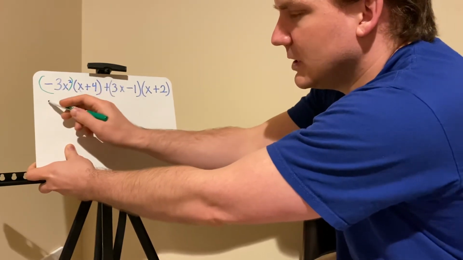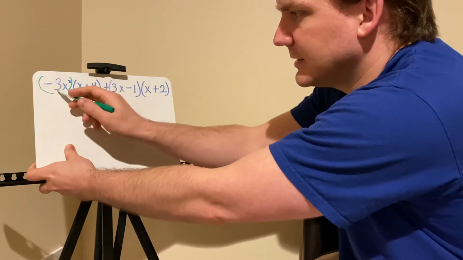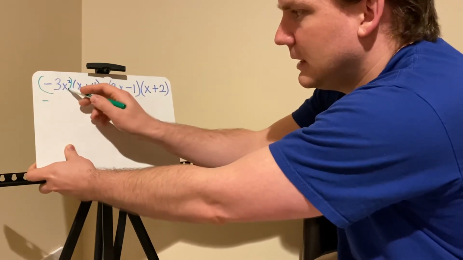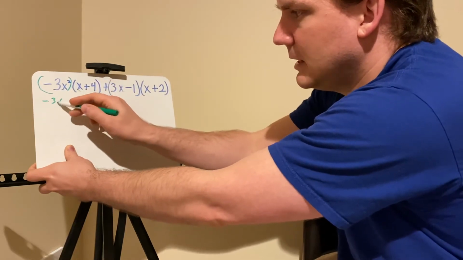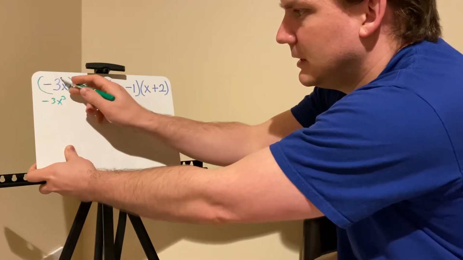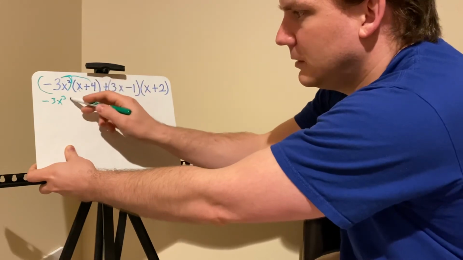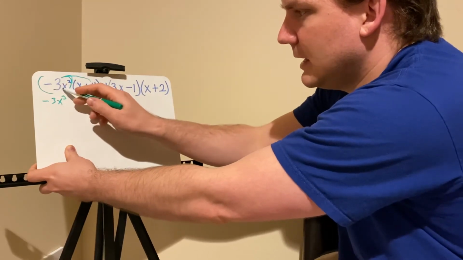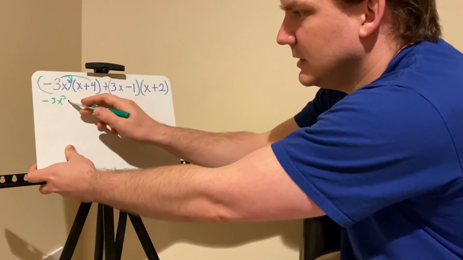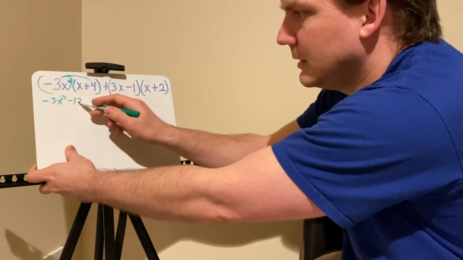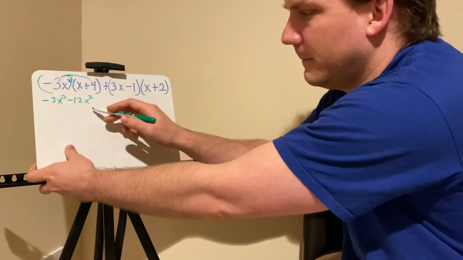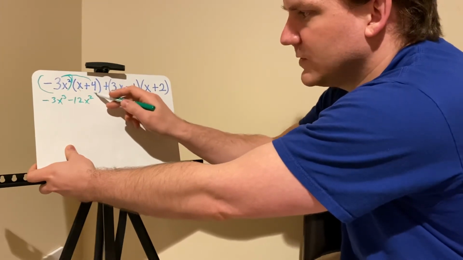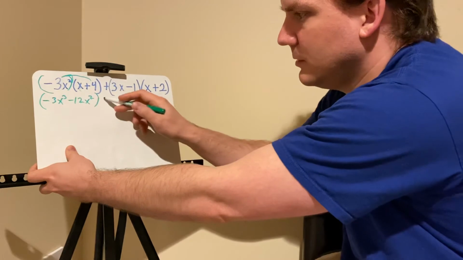Well, this equals, negative 3x squared times x would be negative, and it will be x to the third, so -3x to the third. Then I have to do it times the 4. So -3 times +4 is going to be -12, so it'll be a negative term. There's no x term, so just say x squared. Now I can put this whole thing in parentheses if I want to.